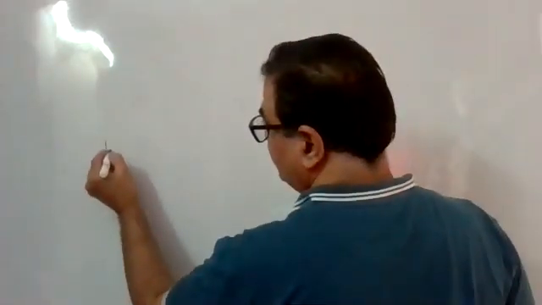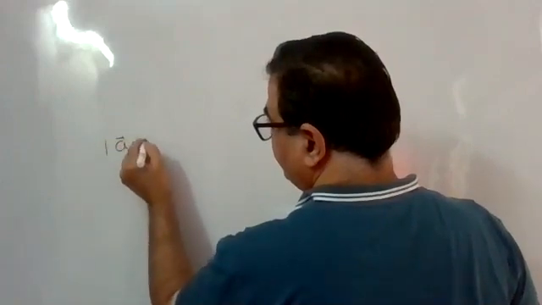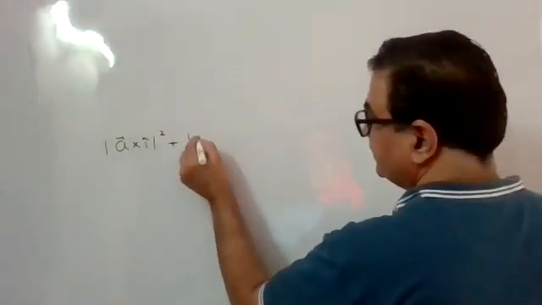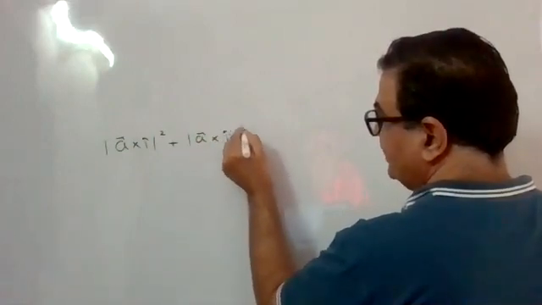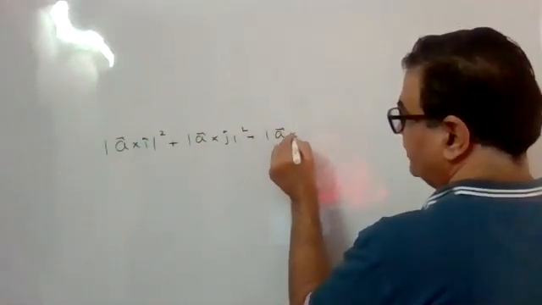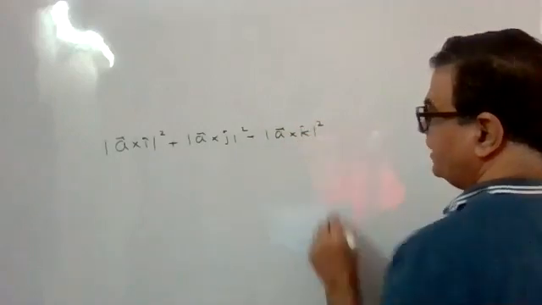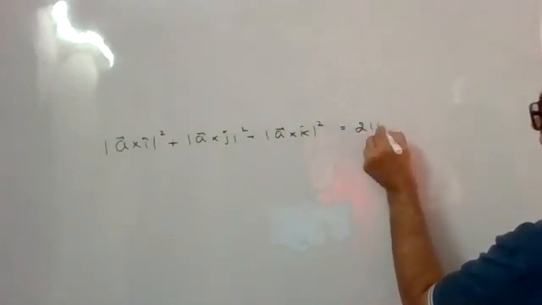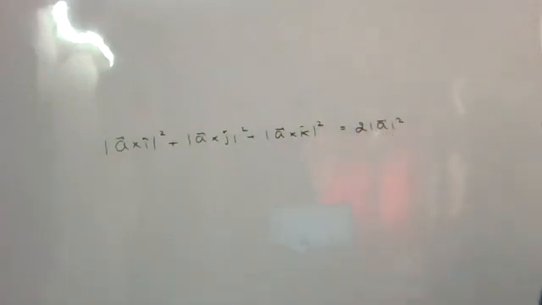Okay, next question, write down please. For any vector A, prove that A cross I whole square plus A cross J whole square plus A cross K whole square equal to twice of A square.